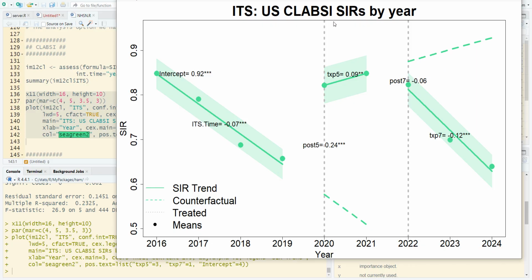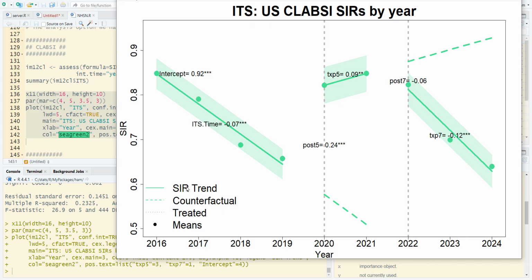The title is ITS US CLABSI SIRs by year. It's a similar graph to what we looked at earlier. I changed the colors just to make it a little easier to sort these.